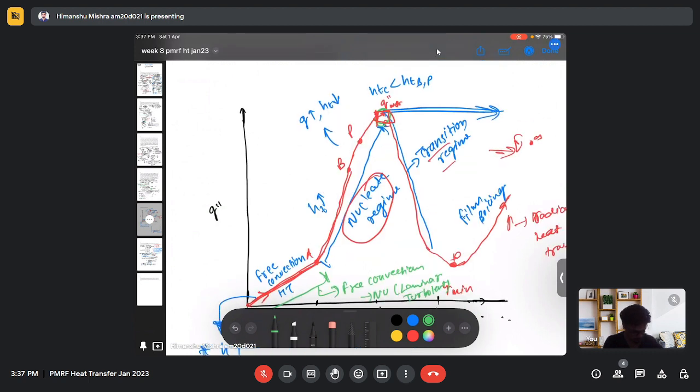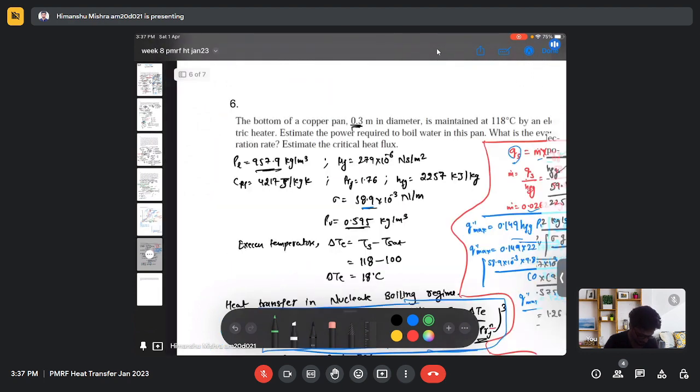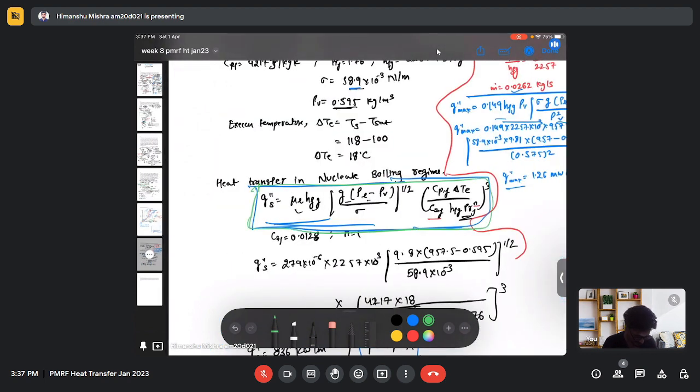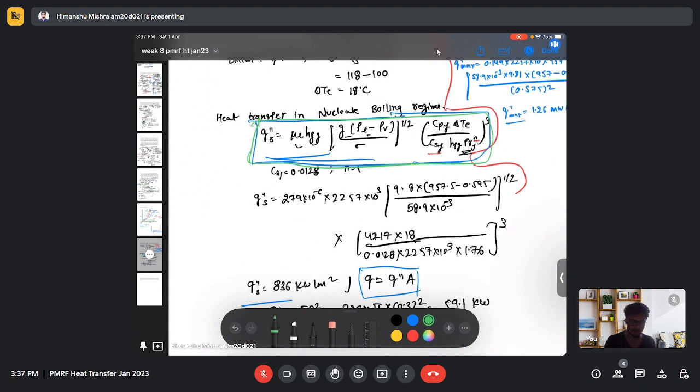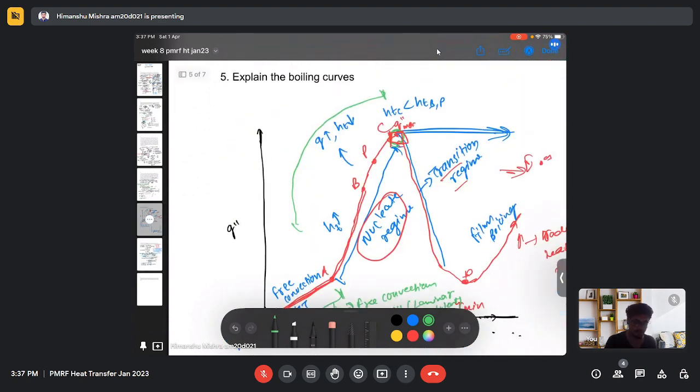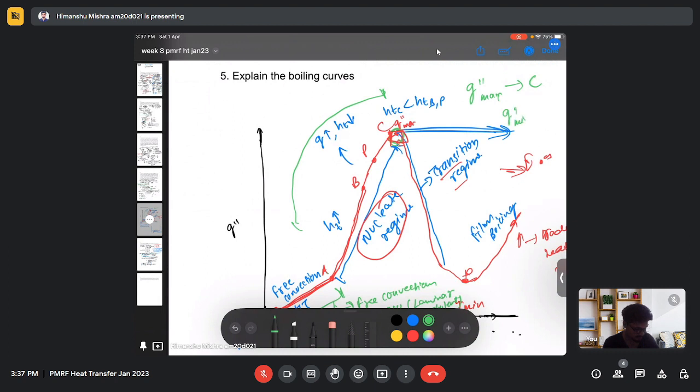For A to C, this is my point C, we need to use this relation for calculating the heat flux, and we can easily calculate the total heat transfer when we multiply this by area. And then we have a separate correlation for maximum heat transfer, which is at point C, and minimum heat transfer also, which is at point D. Then we have some correlations based on Nusselt number and heat flux, heat transfer coefficient in the film boiling region also.